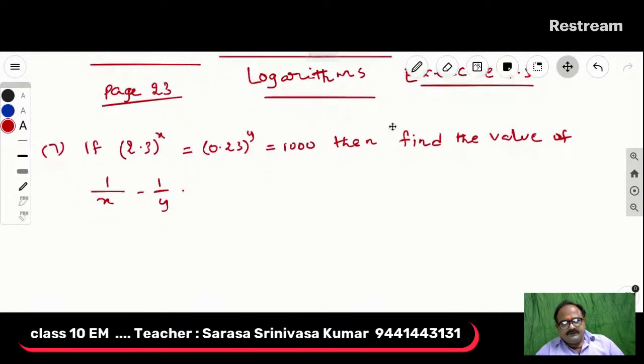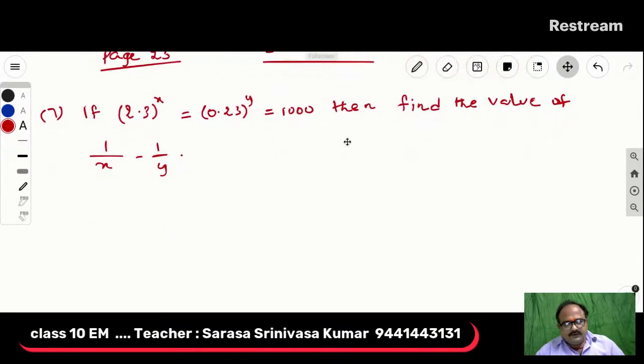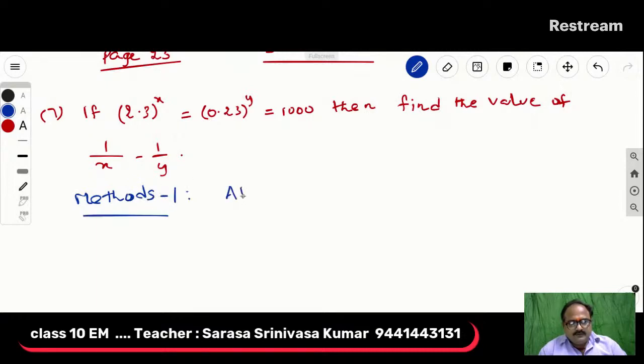In the previous class, we discussed method 1 using algebraic method. So we have two methods. We discussed two methods for this problem. Method 1 is algebraic method, we discussed in the previous class.